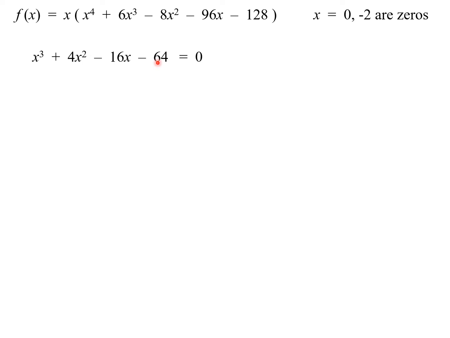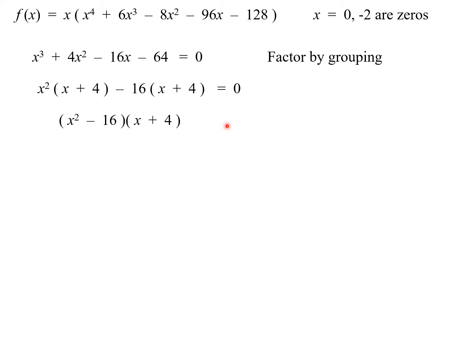And gee, I wonder, can I factor this by grouping? I could continue to do this by synthetic substitution, but I think I can factor this by grouping. I can pull an x squared out of the first two terms to get x plus 4, and I can pull a negative 16 out of the second two terms to get x plus 4, and then I can factor out the x plus 4, and I get the quantity x squared minus 16 times x plus 4.